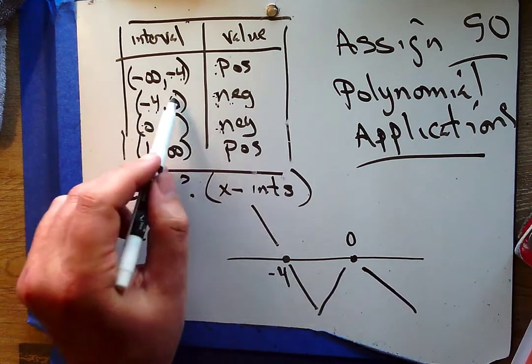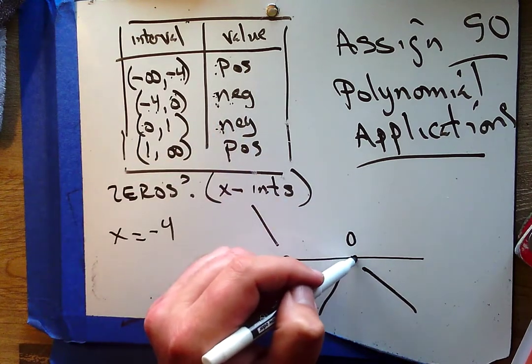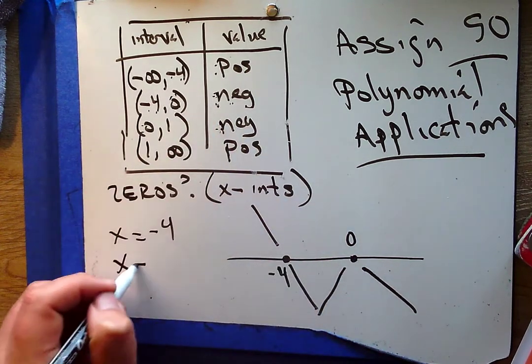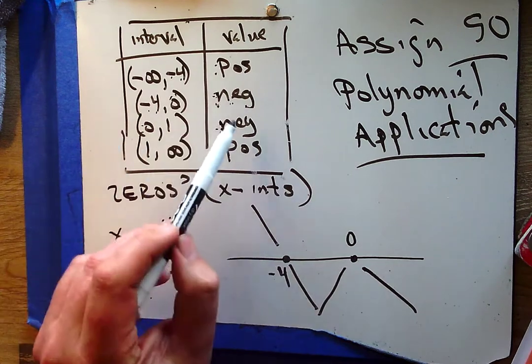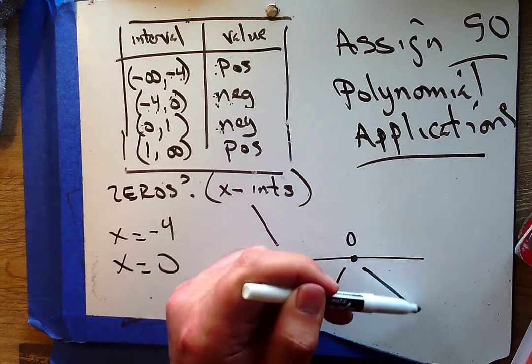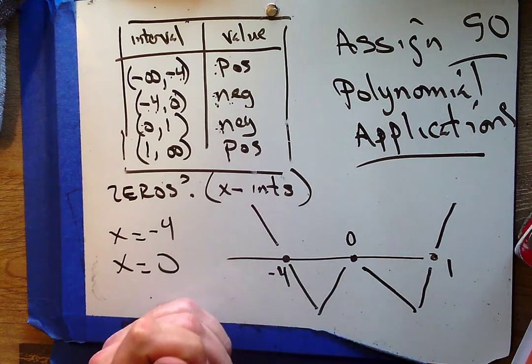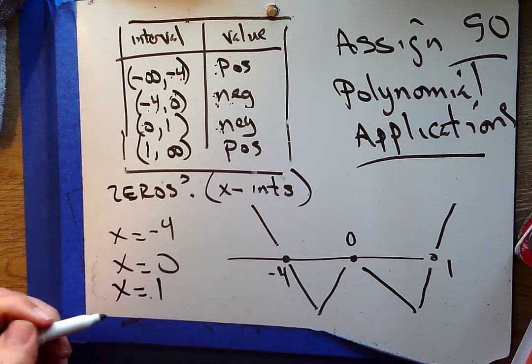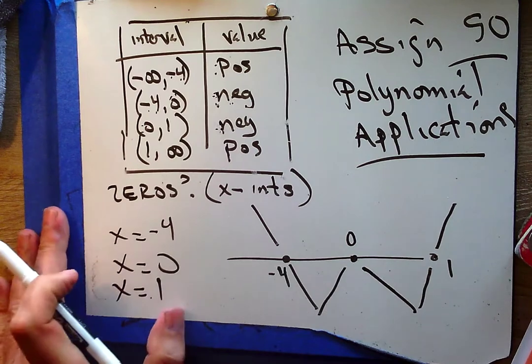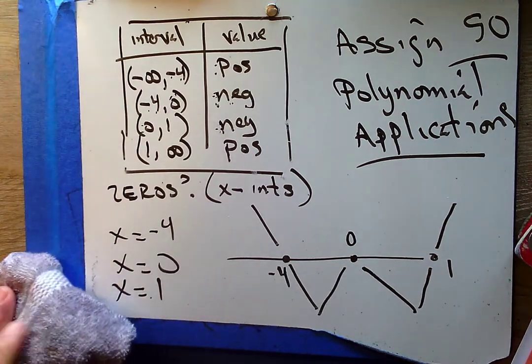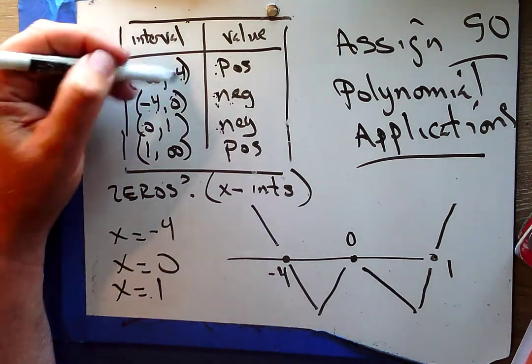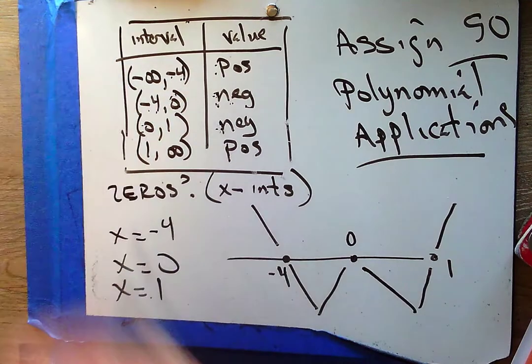But I think since 0 isn't included, I must be 0 at x equals 0. And then finally, when my function goes from negative to positive, that happens at x equal to 1. And so I think x equals 1 is a 0 as well. So there's the first question. Where are the zeros of this function? At negative 4, at 0, and at 1.